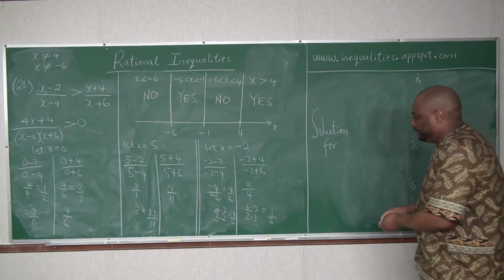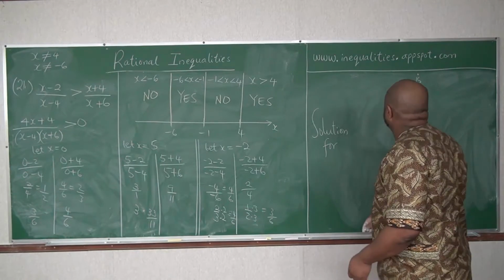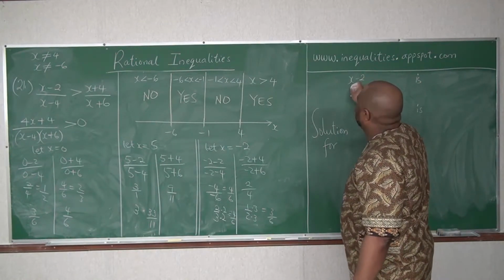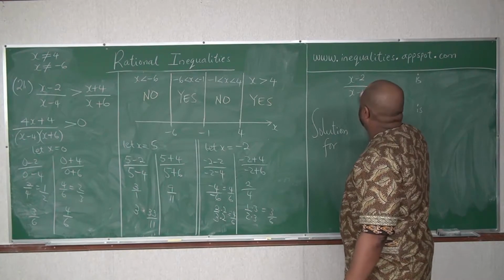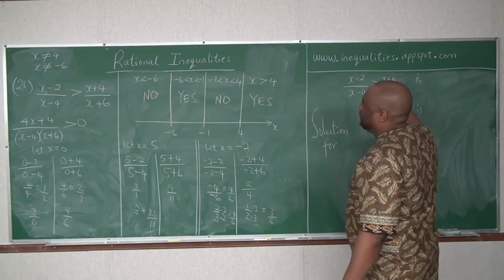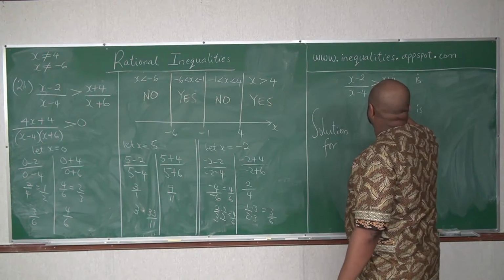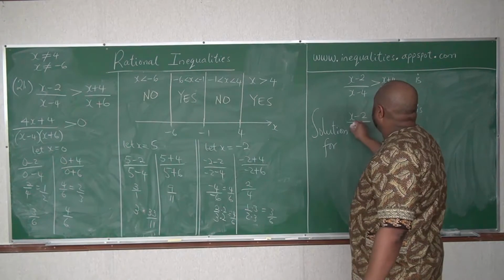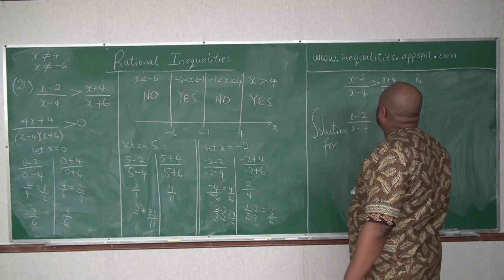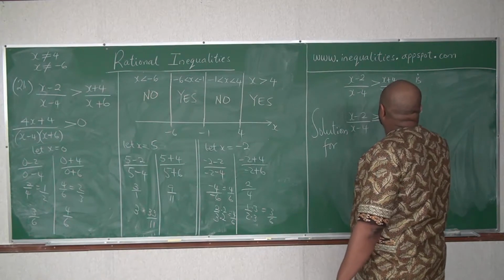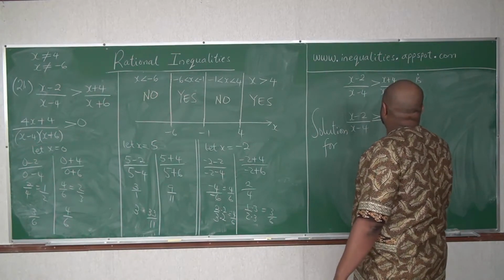So, solution for the first one: x minus 2 over x minus 4 greater than x plus 4 over x plus 6. Next one is x minus 2 over x minus 4 greater than or equal to x plus 4 over x plus 6.